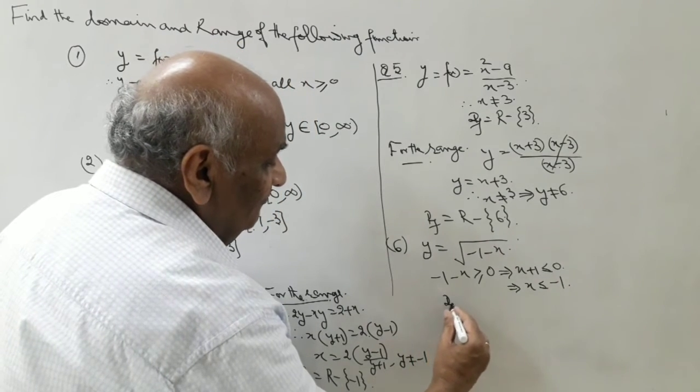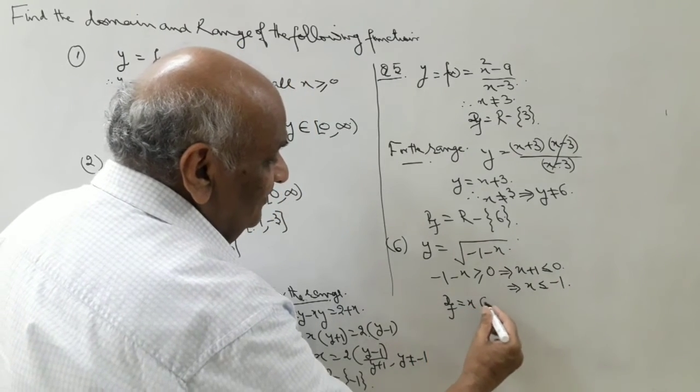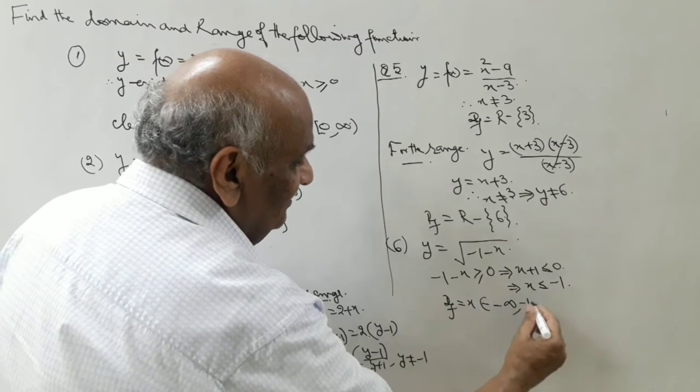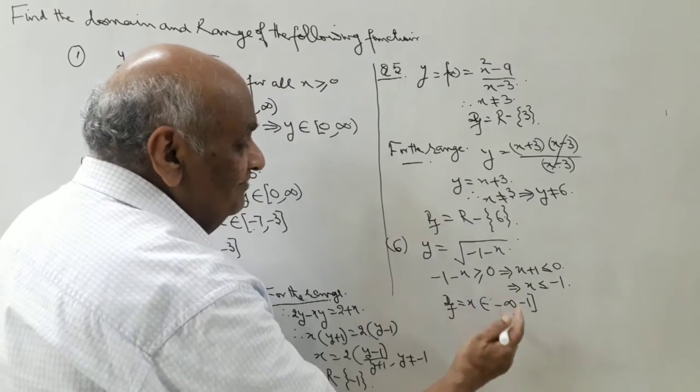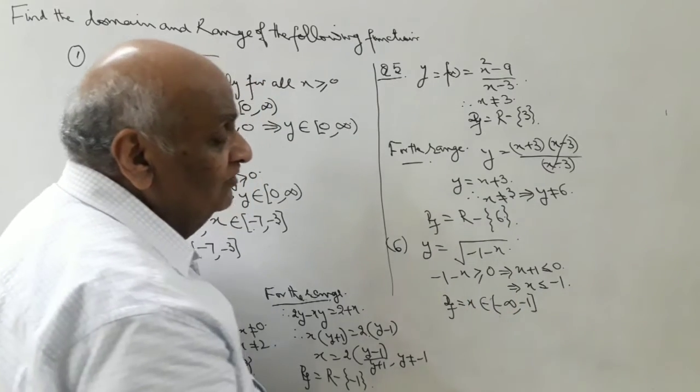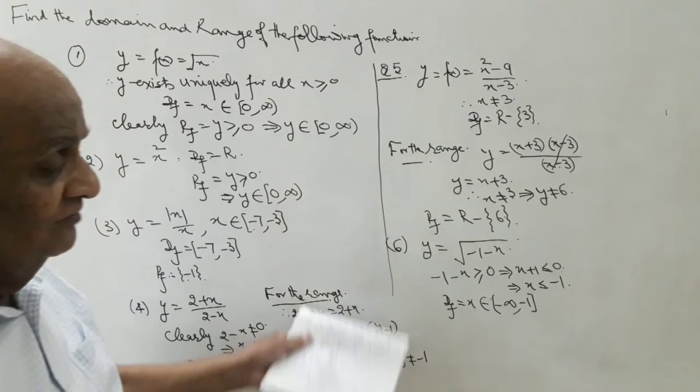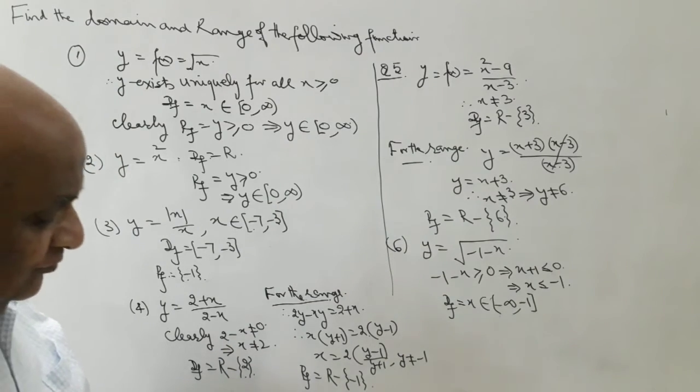So the domain of the function is x belongs to minus infinity to minus 1, because the infinity side will never be closed, it is never equal to infinity. It only approaches infinity.